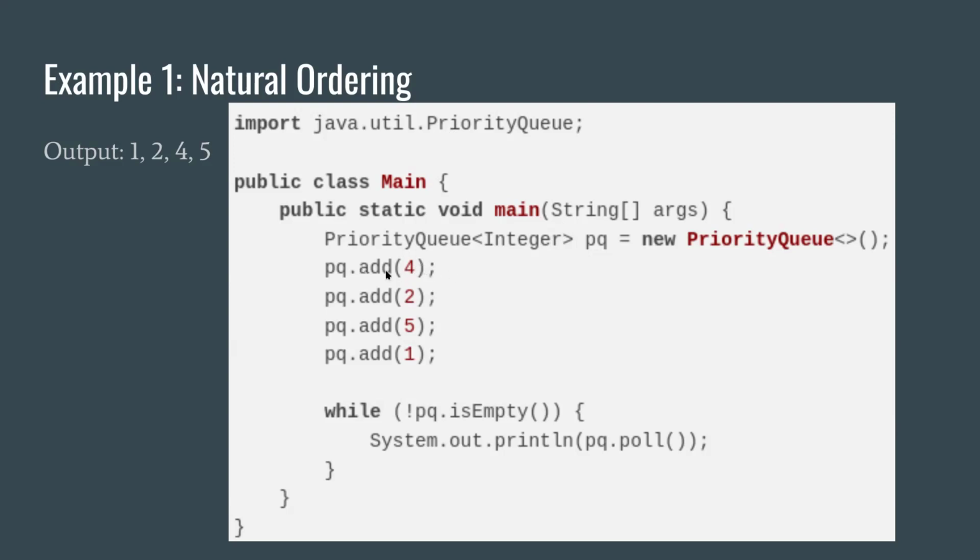So you can see that elements are added in arbitrary order, but when we poll elements from the queue, they will be retrieved in their natural order, 1, 2, 4, 5. So we can see from this example that the priority queue automatically orders elements based on their natural ordering.